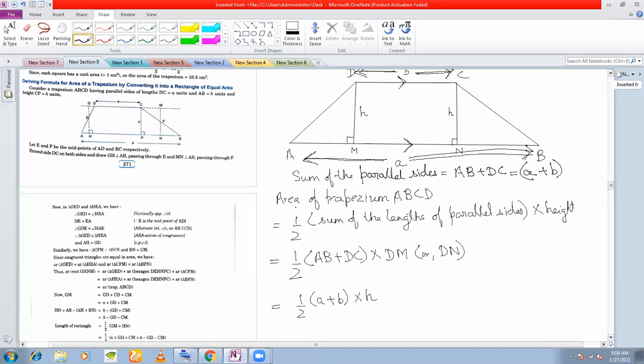And the formula for area of trapezium, as I told you, was half into sum of the length of the parallel sides into the height. And what is the height? This part is called the height. Sometimes it is also called the distance between the parallel lines.